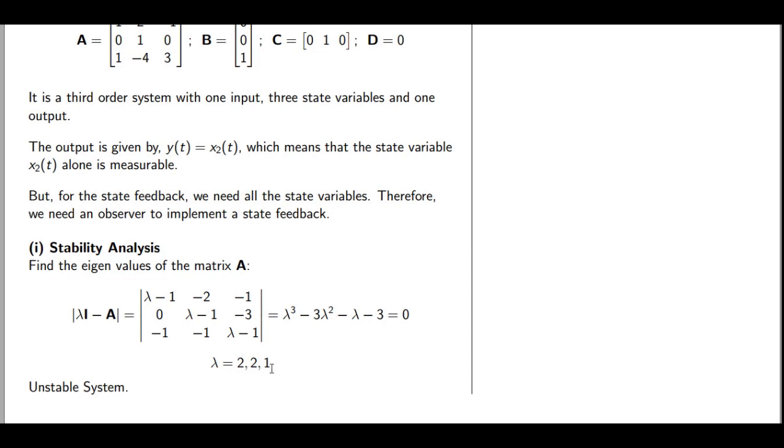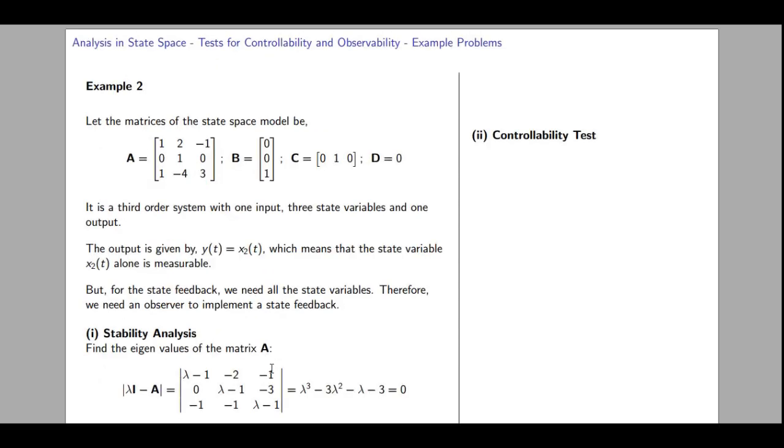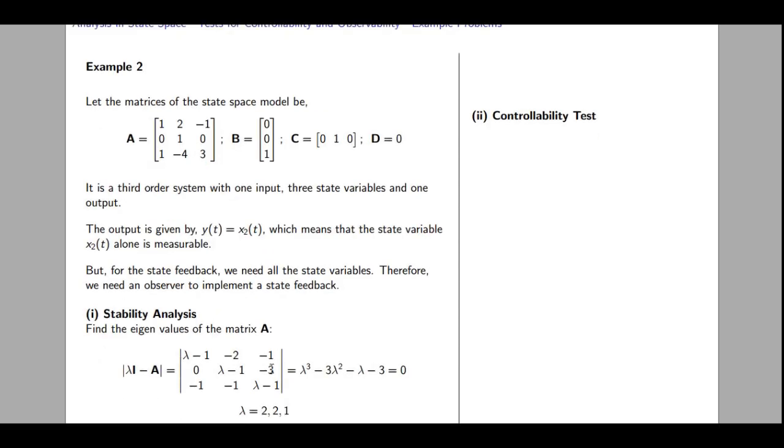So all are positive. So all are going to lie on the right side of the complex plane, and therefore the system is going to be an unstable system. Okay, right. So anyhow, I have to design a controller so that I can make the system a stable one. So let me do the controllability test.